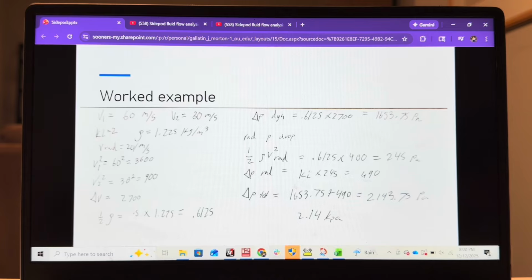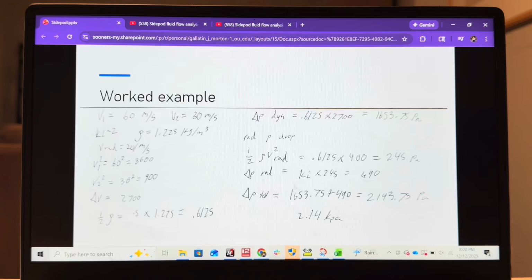So first off, we're going to calculate our V squared for V1 and V2. We're going to subtract those to get our delta V, and then multiply it times the 1/2 density, and that's going to be our pressure change for our dynamic flow, basically our converging, diverging sections, and that's going to be 1653.75 pascals.